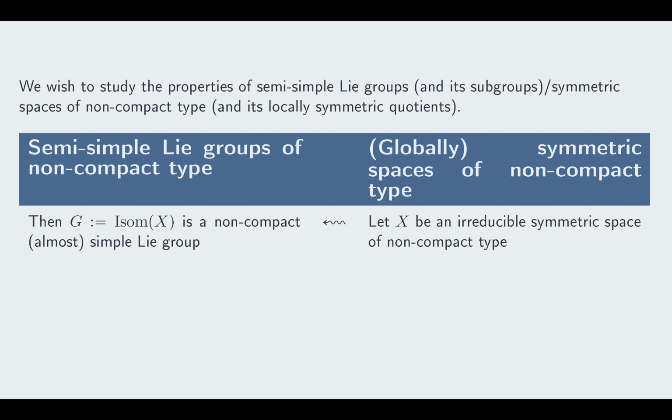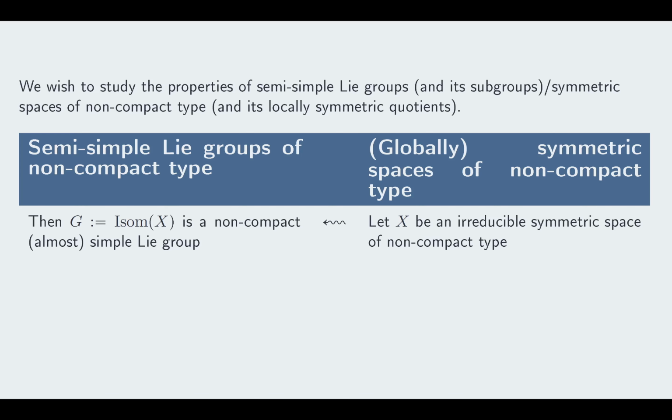Almost simple just means every normal subgroup is discrete. It could have an actual normal subgroup, like the center might not be trivial. That's why I'm calling it an almost simple Lie group.